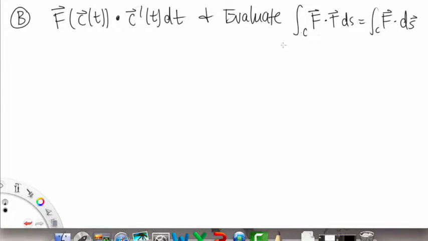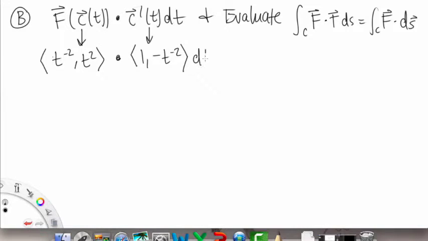From the last part we found f of c of t is t to the negative 2 comma t squared, and this is dotted with our c prime of t dt, which we found was 1 comma negative t to the negative 2 dt.